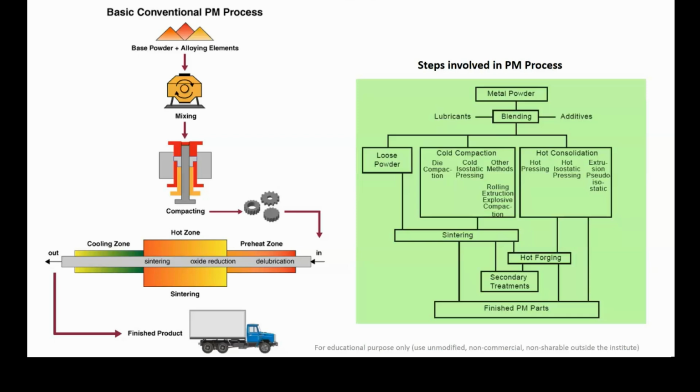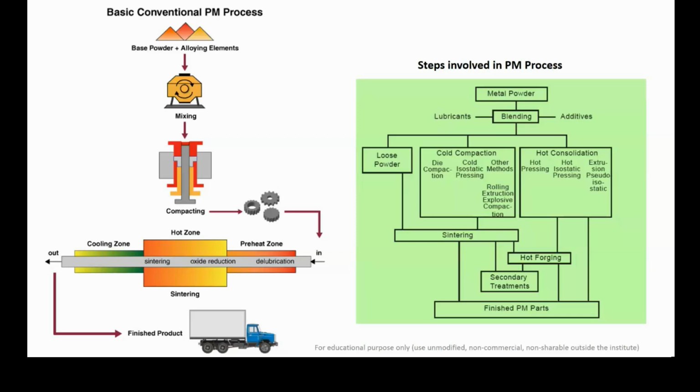So for further densification, there is another step which is called sintering. What is sintering? Sintering is basically the process of heating this solid or densified mass, which you have obtained after the compaction process, below its melting point.